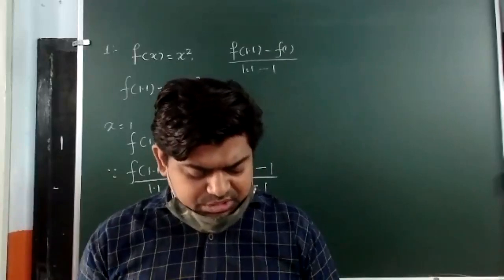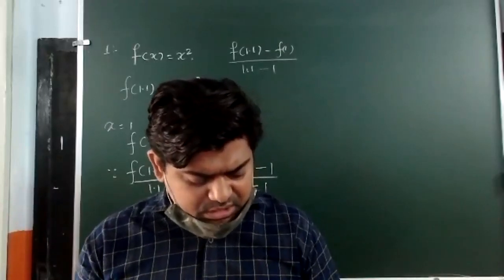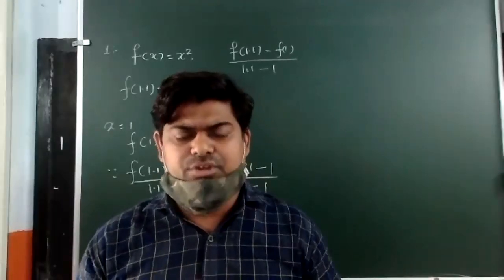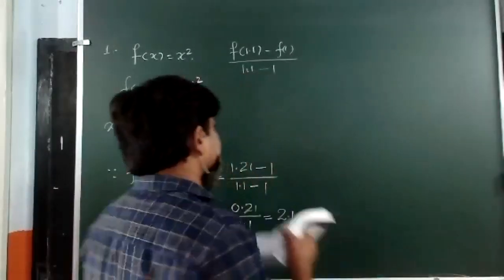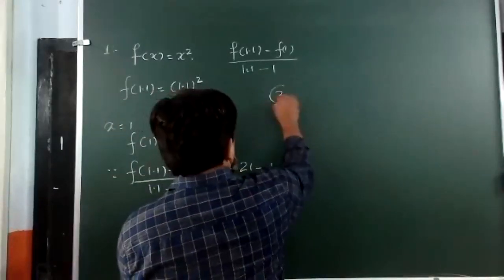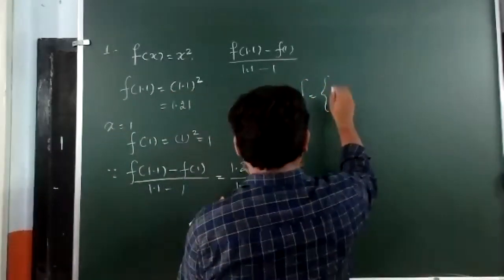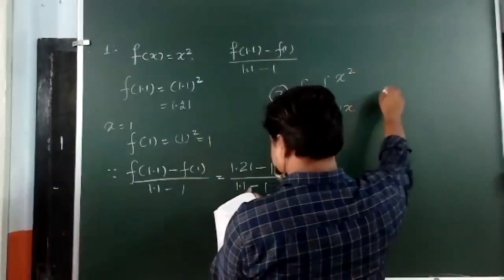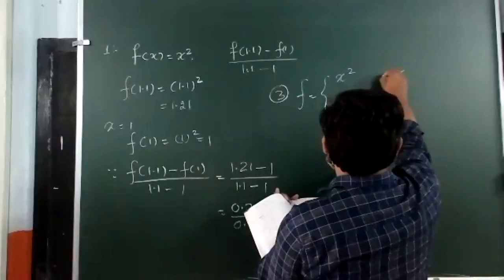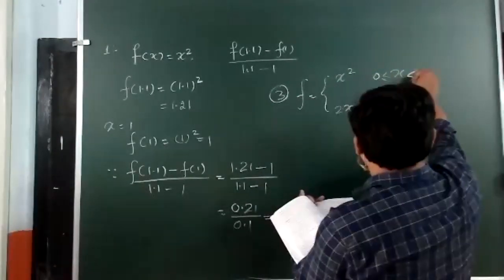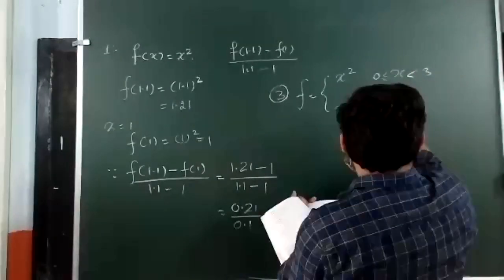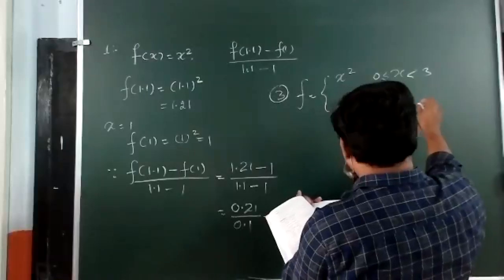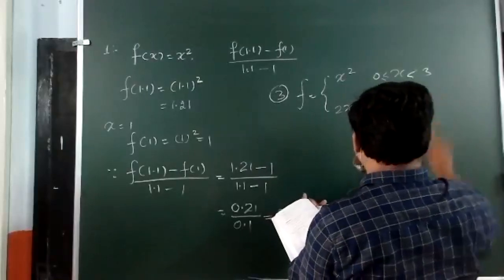Now your question asks: is the relation f defined by this definition a function or not? Justify your answer. For question number 3, f(x) is equal to x square for x greater than or equal to 0 and less than 3, and f(x) is equal to 2x for x greater than or equal to 3 and less than or equal to 5.